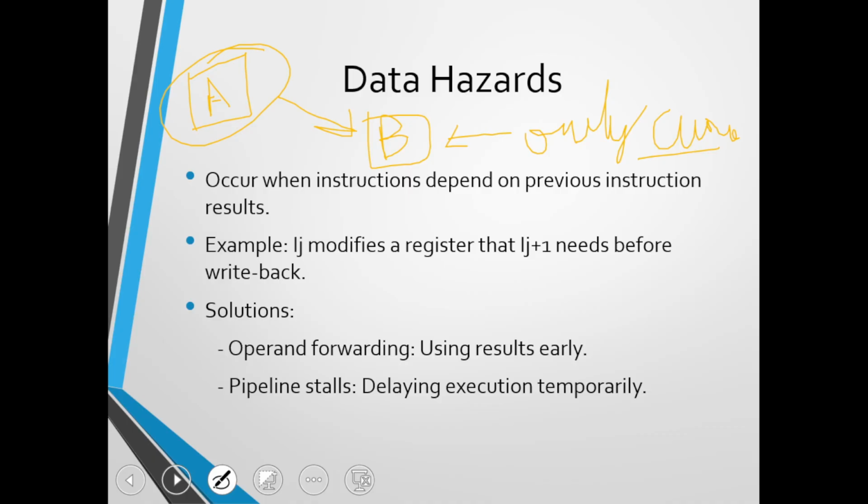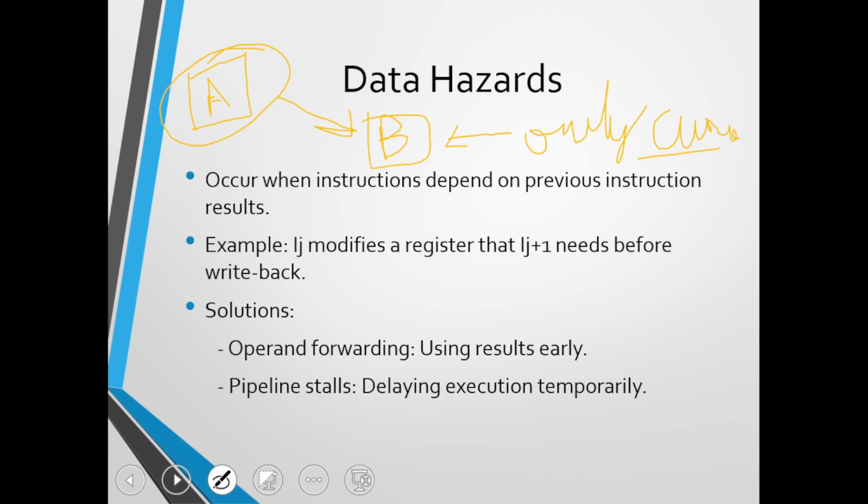This is the data hazard that can occur. So what are the solutions for that? We can use operand forwarding, or the pipeline must be stalled. Delaying the execution temporarily is one solution, or we can also follow something called operand forwarding.